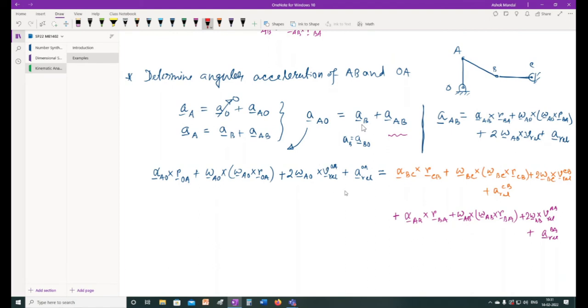No. Why? V relative is not there. Okay. Now, what about this component? A relative is not there, so it is 0.